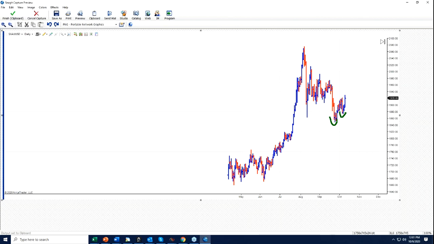We've got this triangle. So if we start breaking out and the dollar starts looking weak, then we could have another thrust. There's no question about it. So it's just very tricky in here.